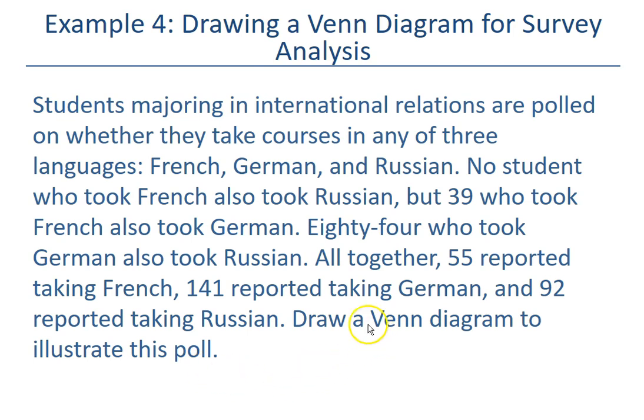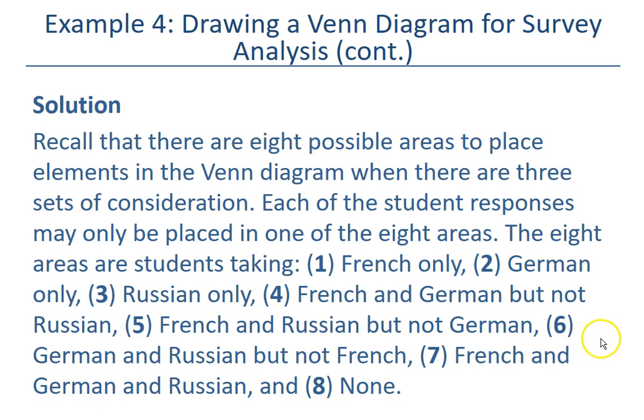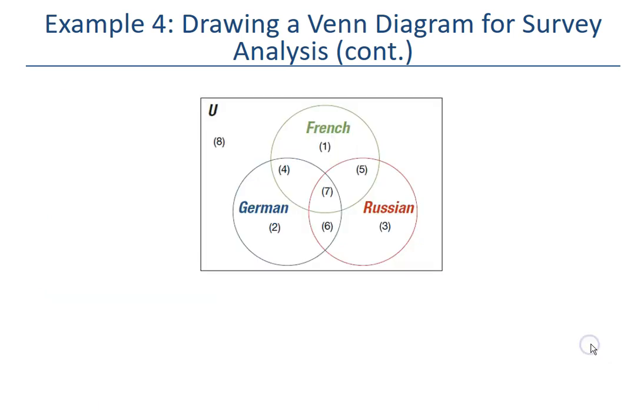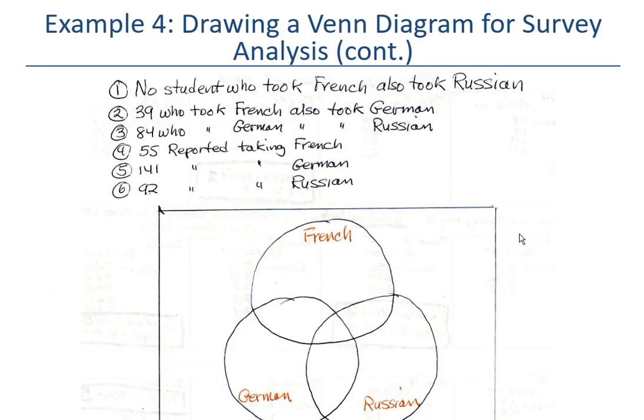And what I did is I developed something like this. And again, they're giving you the various areas to place data in. We did this earlier. And this is what I did here. Now it cut off a little bit of mine down here below, but you can see what we have.